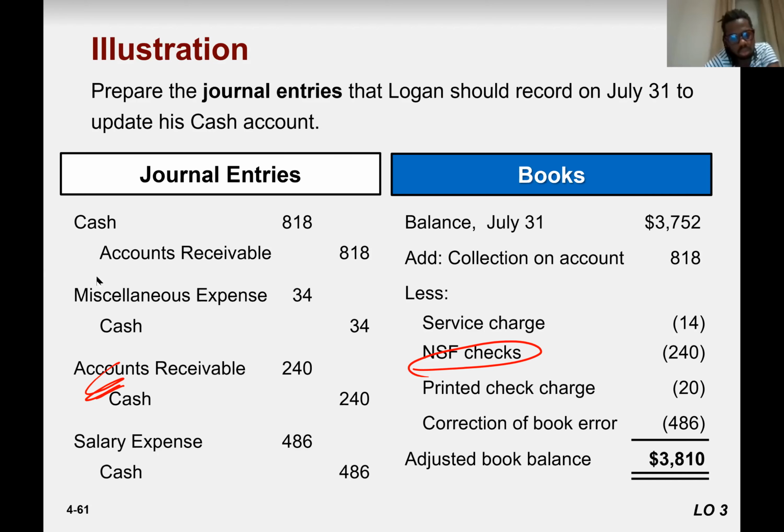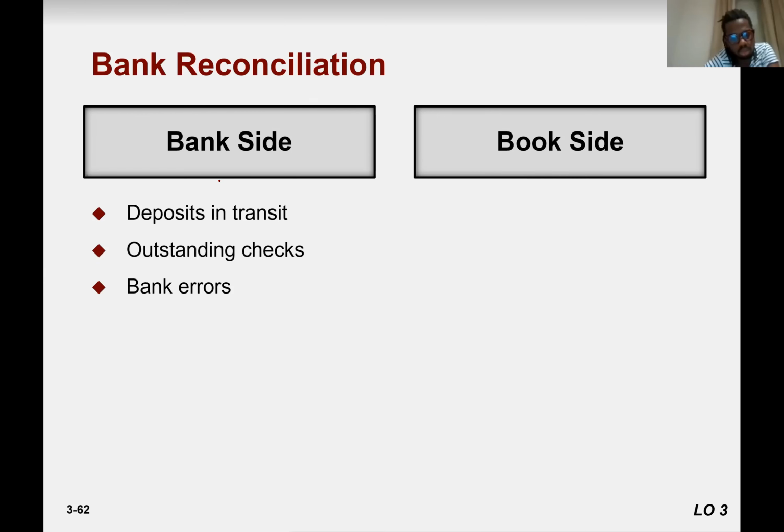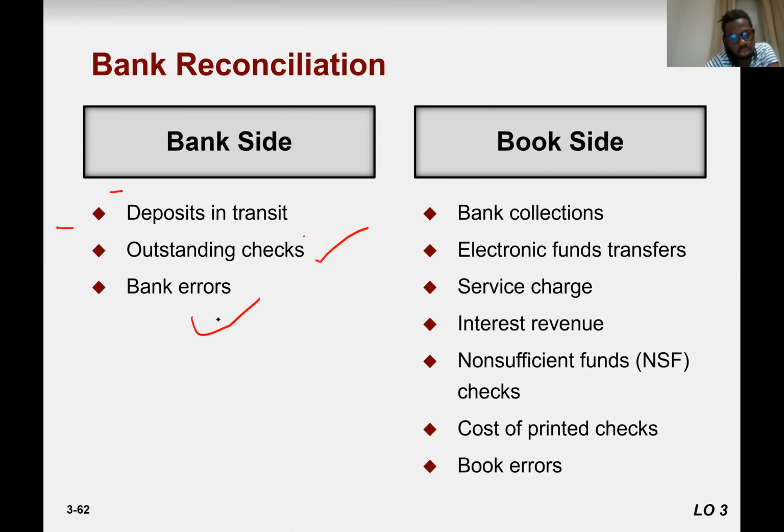Right? So this is how you make a bank reconciliation statement. Again, on the bank side, what we do: bank balance plus deposit in transit less outstanding checks, and then adjust banking errors. On the book side, we add bank collections, electronic funds transfer receipts; payments would be less, receipts would be added, service charges would be less, revenues would be added, non-sufficient funds would be less, like this.